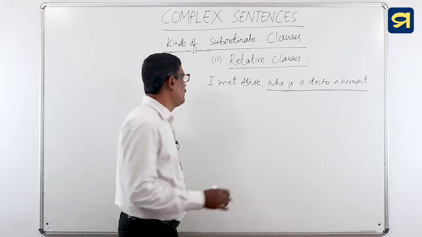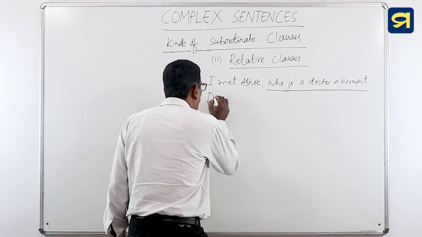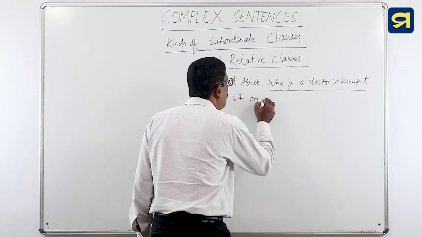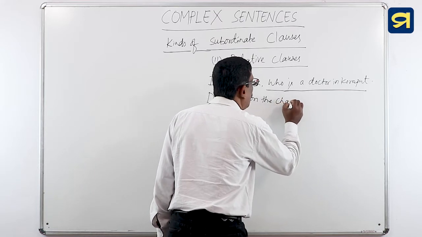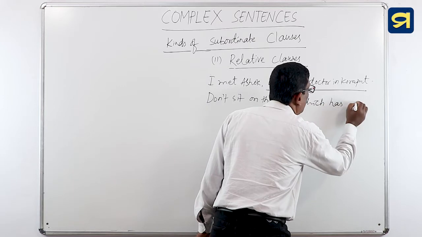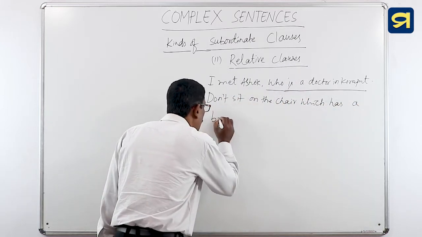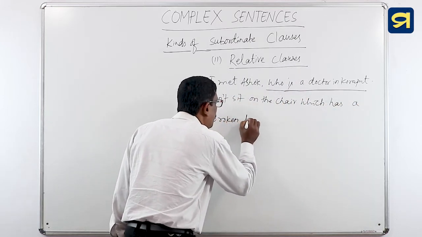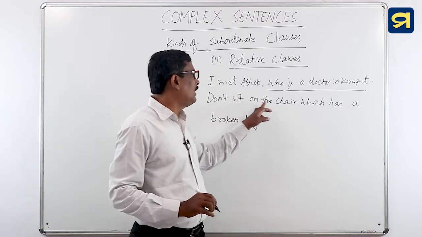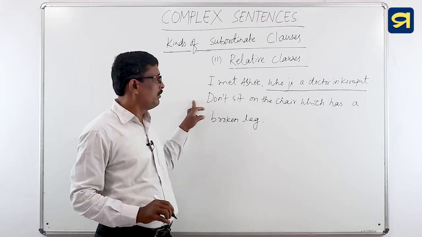Let's take another example. Don't sit on the chair which has a broken leg. Don't sit on the chair is the main clause.